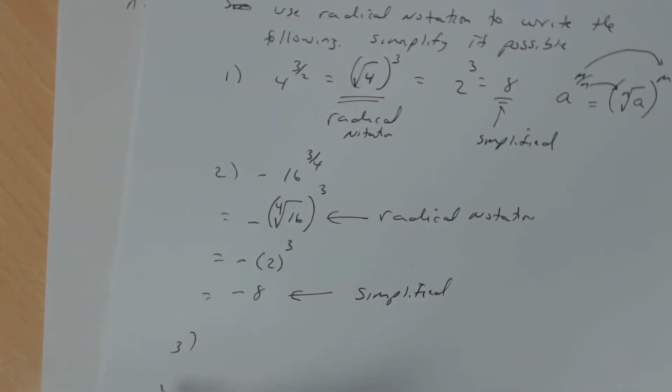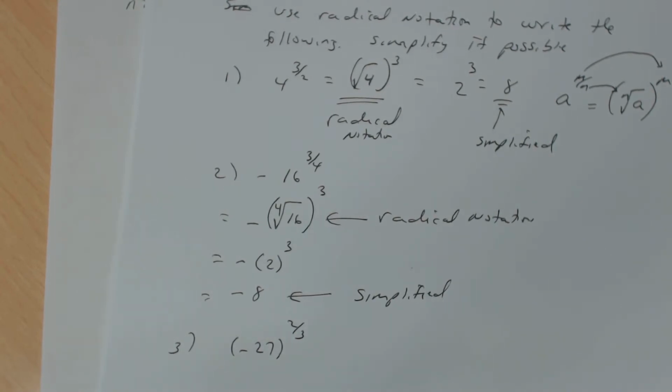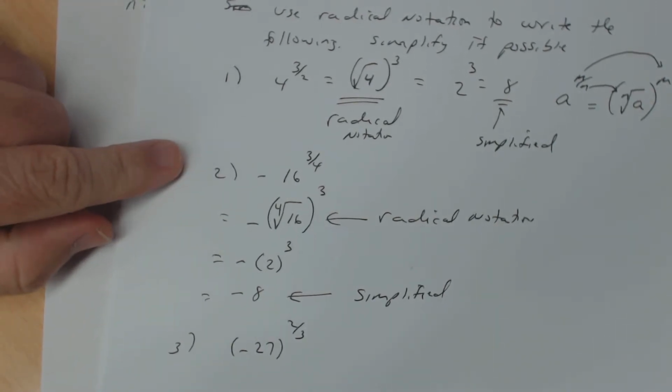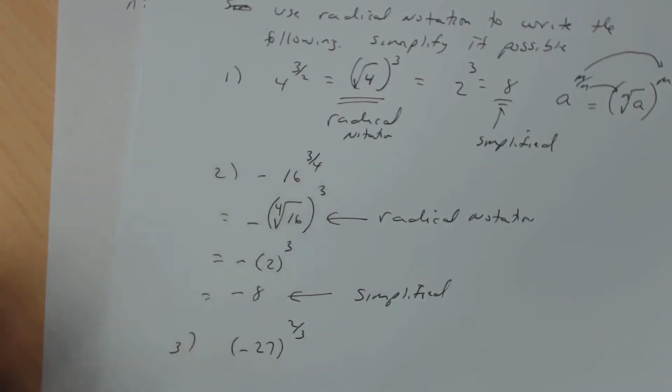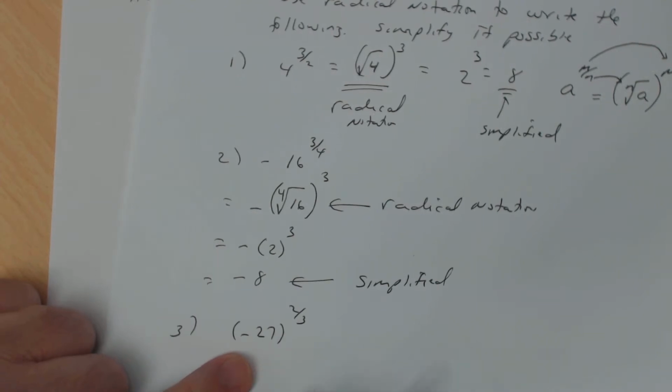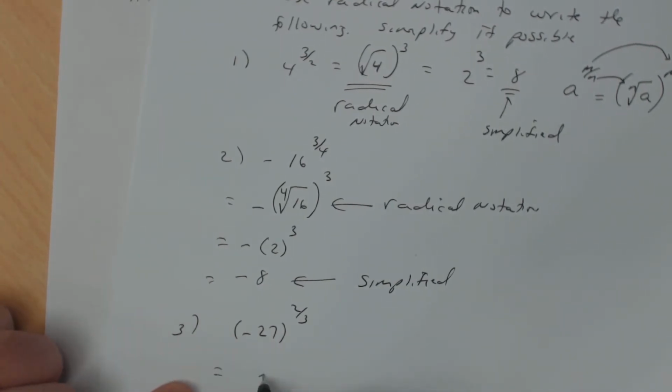Number 3. Suppose you had negative 27 to the 2/3. Notice this time negative 27 is in parentheses, whereas in number 2, negative 16 was not. There, the only thing being raised to the 3/4 was 16. Here it's negative 27. So the denominator becomes your index: the cube root of negative 27, make sure you put that in parentheses, all raised to the 2nd power, since the numerator becomes the exponent.